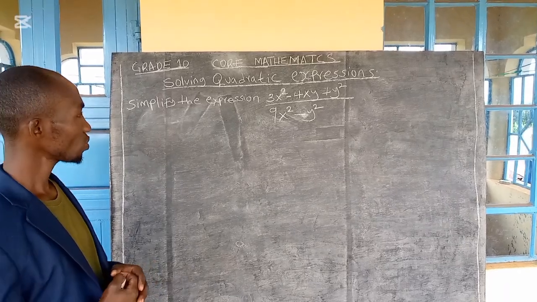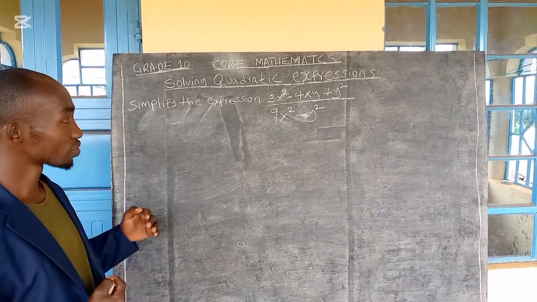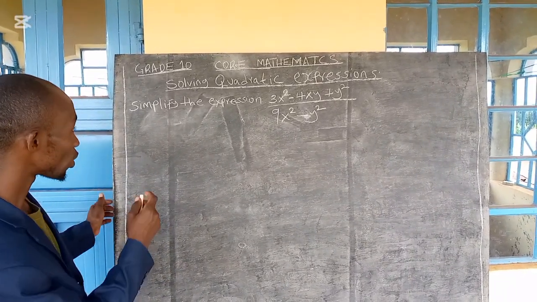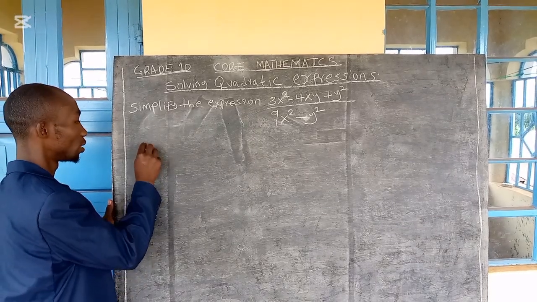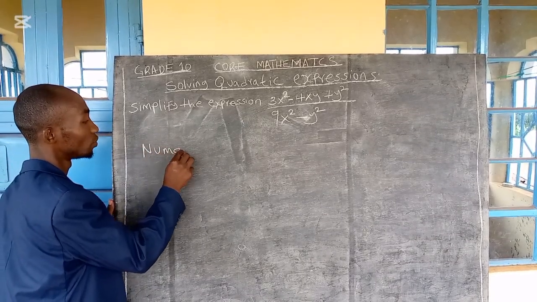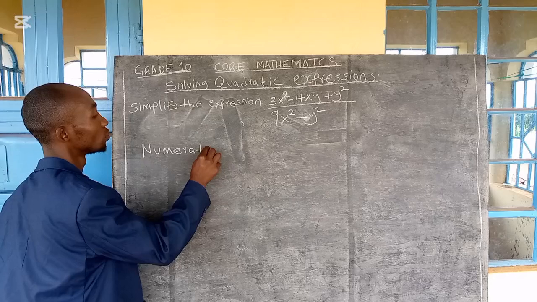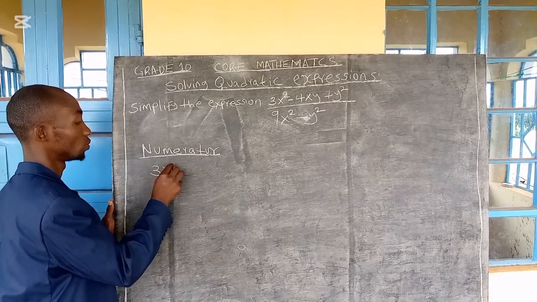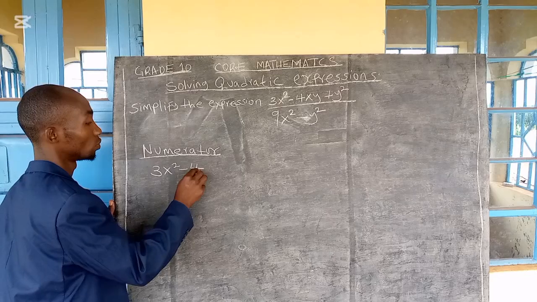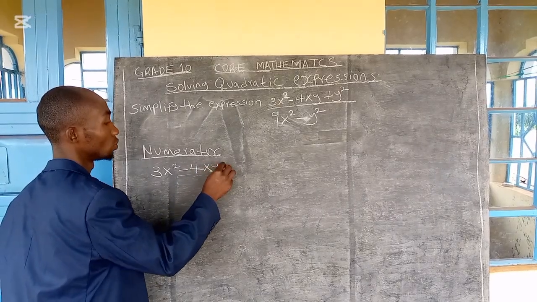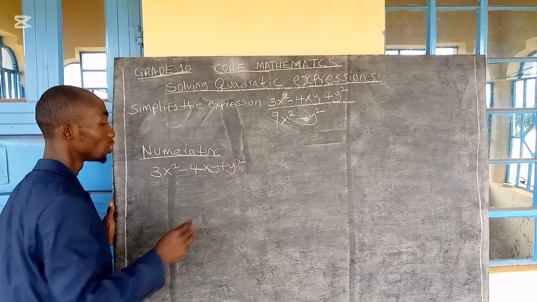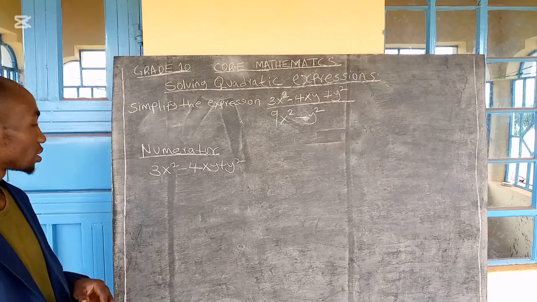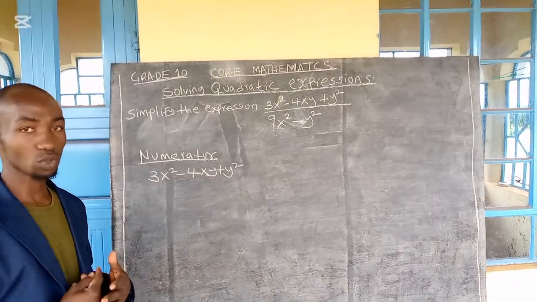Now, let us start with the numerator by solving the numerator. So in the numerator we have 3x squared minus 4xy plus y squared.